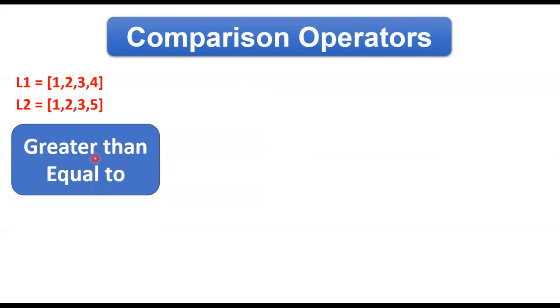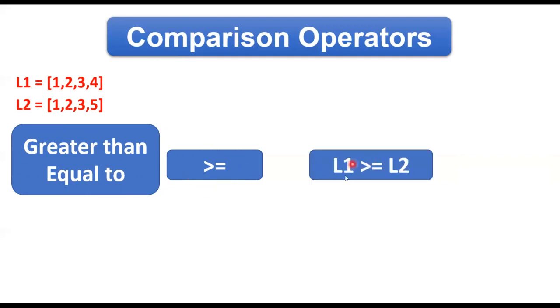Next, again, we are taking the same lists. Now we are checking greater than or equal to. We always denote greater than or equal to like this. The greater than sign comes over here and the equal to sign also comes over here, and we check for both. How? L1 >= L2. I'll get the result as false because L1 is neither equal to L2 nor greater than L2.